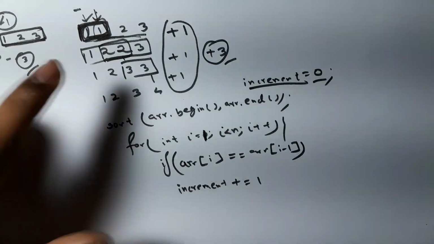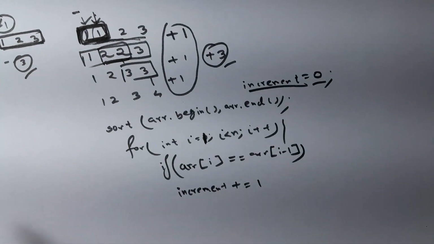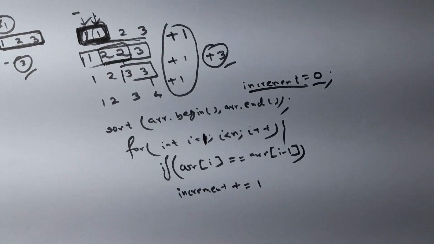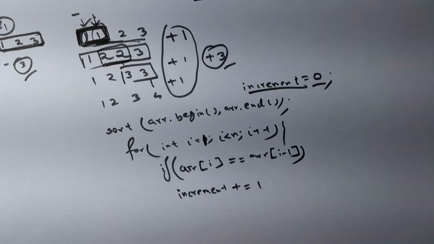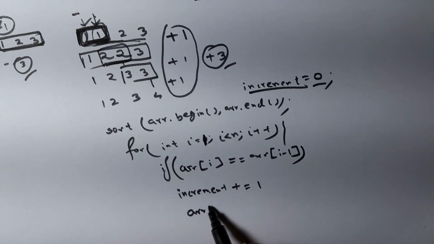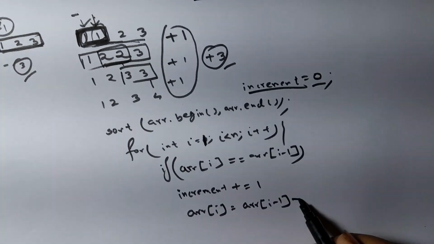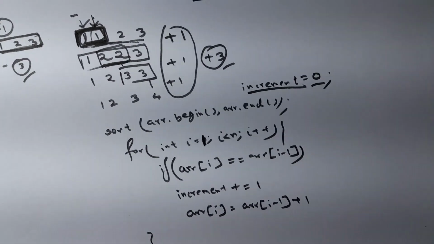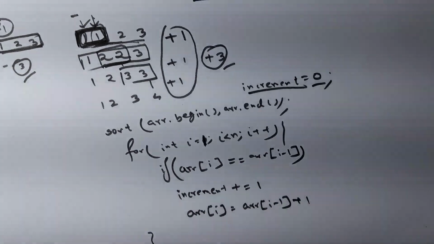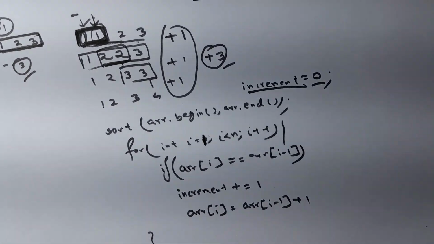Now don't think that this code is right, I will explain why this code will not work. This code has a catch. My array element array of I will be array of I minus 1 plus 1, and return increment.